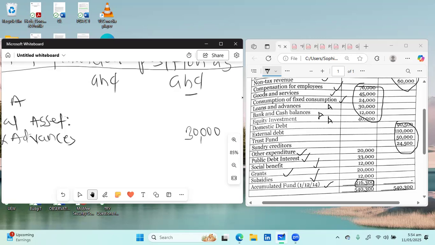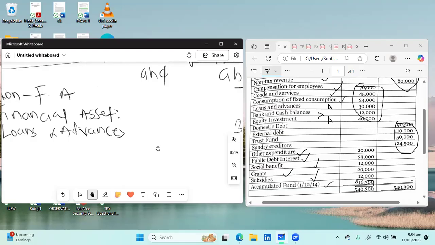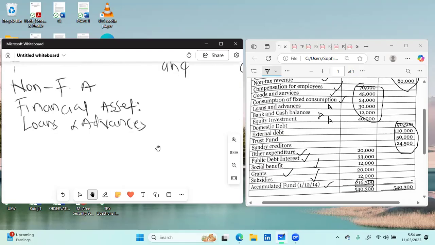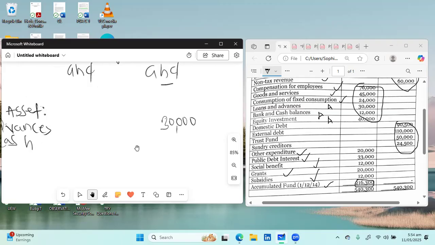What was the next asset item? That's bank and cash balances. How much? That's 12,000. Then we have what?